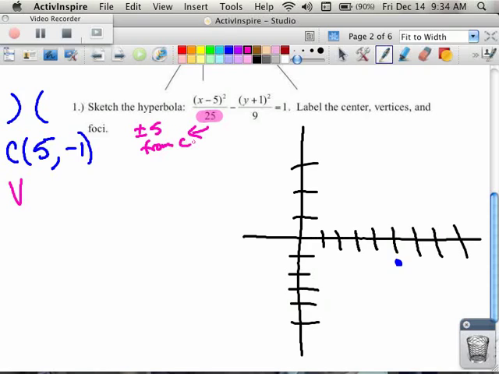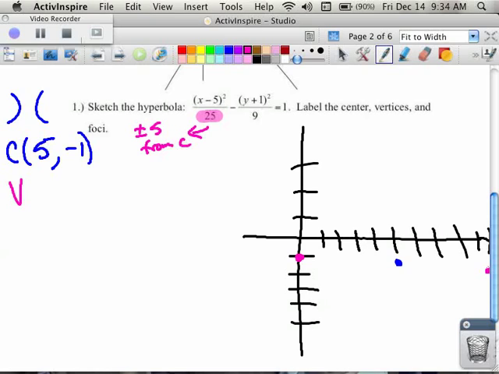So I go 5 to the left, and that would put me over here. And if I went 5 to the right, that would put me over here. I'm going to redraw my graph, I'm sorry.